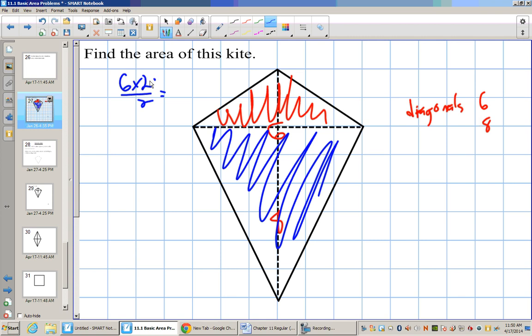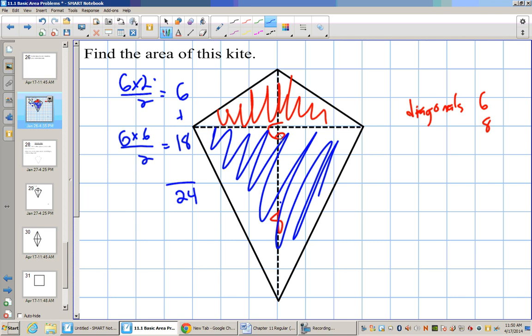So that would be 12 over 2, which is 6. This bottom one, that would be 1, 2, 3, 4, 5, 6. So 6 times 6 divided by 2, or 36 over 2, which is 18. And if we added those together, we get 24, and that would be the area of the whole thing.